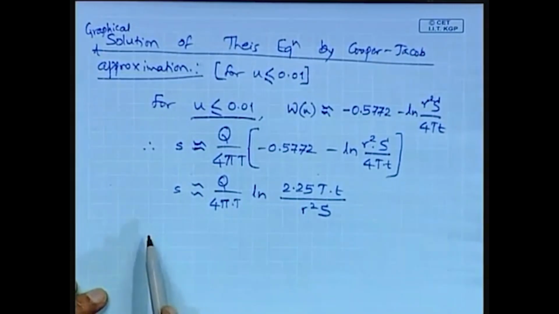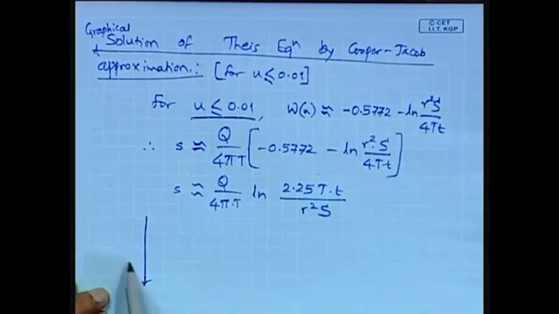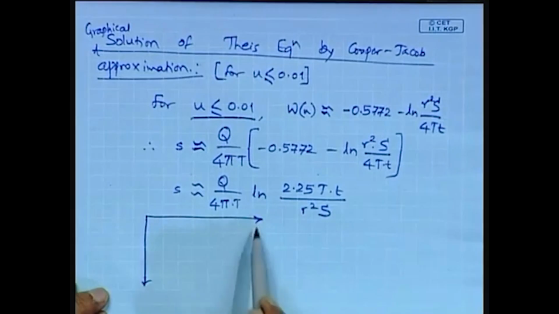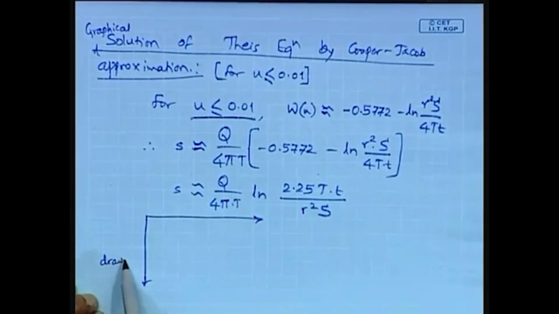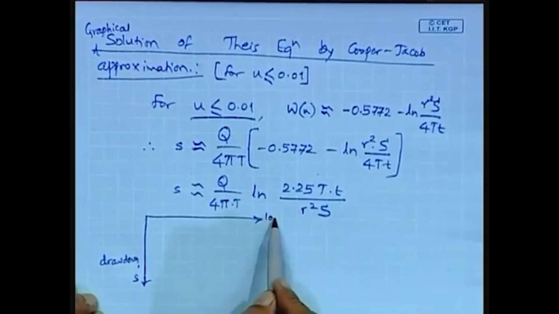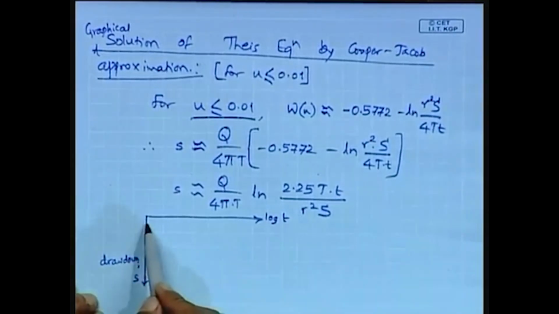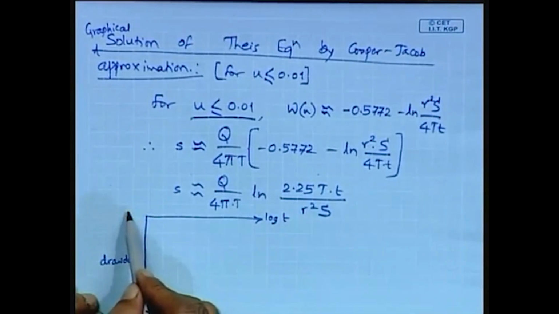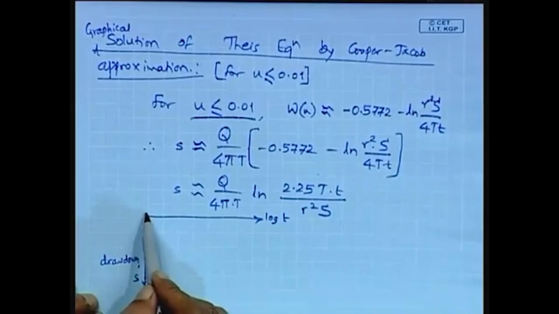here a semi-log plot of drawdown versus time, the drawdown S, the unsteady drawdown versus the time. So, that is plotted on a log scale, log of t.